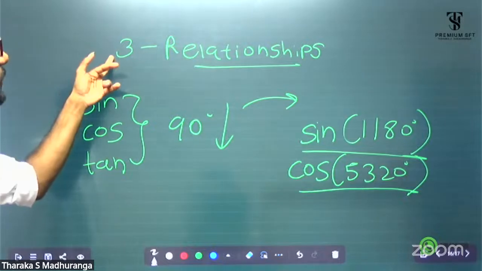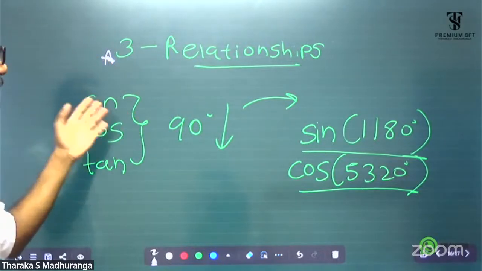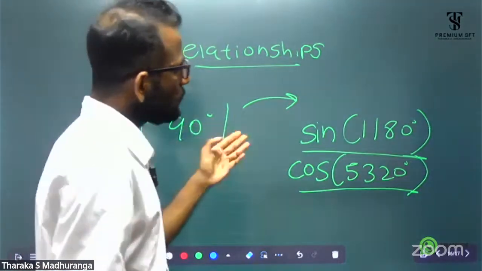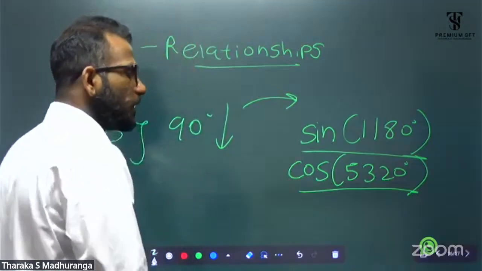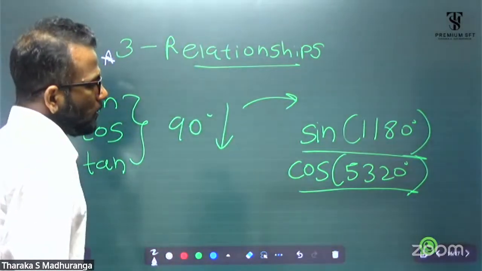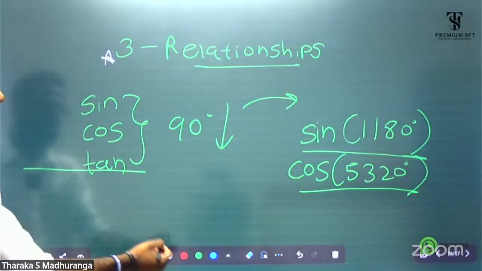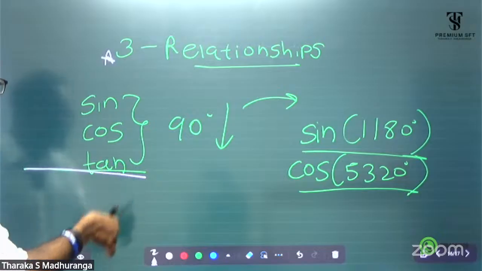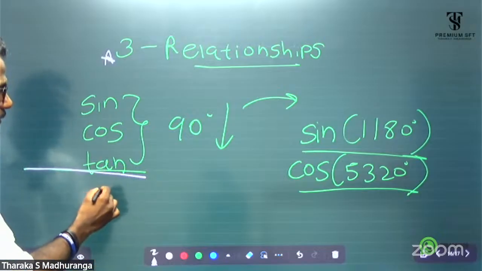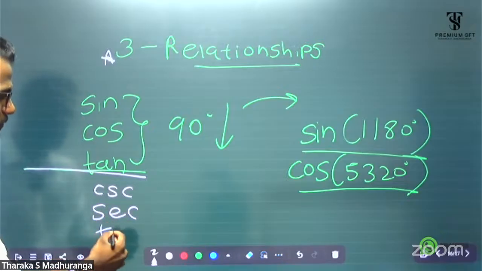Yes, we have three relationships and basic trigonometric values for more than 90 degrees. Finally, our final part is sine, cos, tan, and finally I will explain cosec, sec, and cot also.